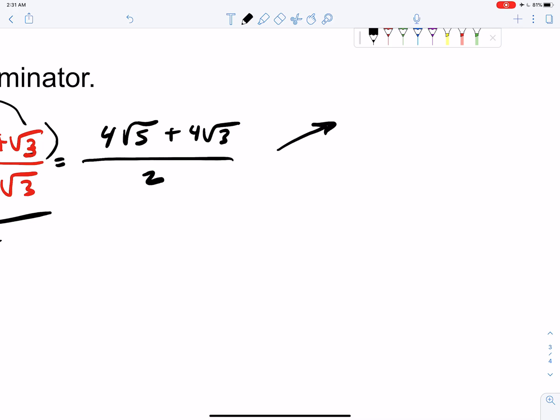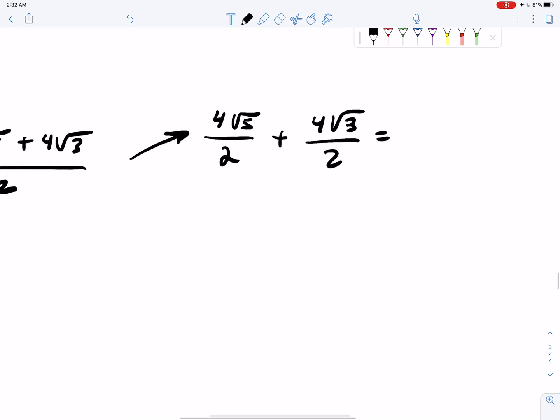Some books would say, well, this is just 4 root 5 over 2 plus 4 root 3 over 2. And this does work, by the way. This is legal. So then you reduce these guys. Reduce that one. You get 2 root 5 plus 2 root 3.